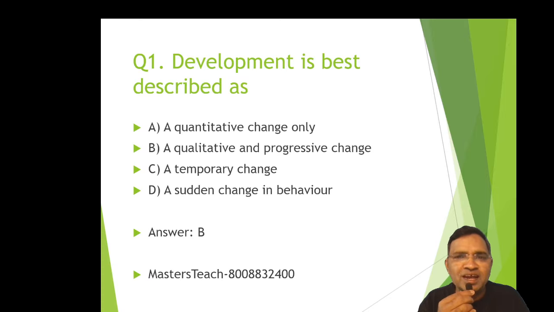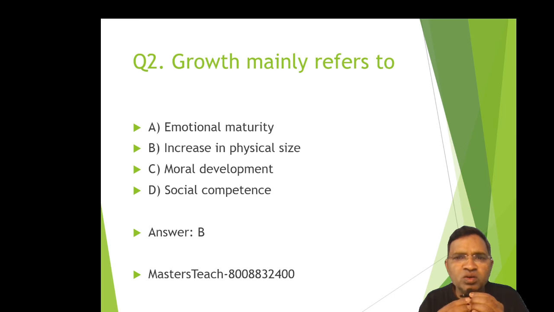So child development is best described as A, quantitative change only, B, a qualitative and progressive change, C, a temporary change, D, sudden change in behavior. The answer is B, a qualitative and progressive change. Growth mainly refers to A, emotional maturity, B, increase in physical size, C, moral development, D, social competence.